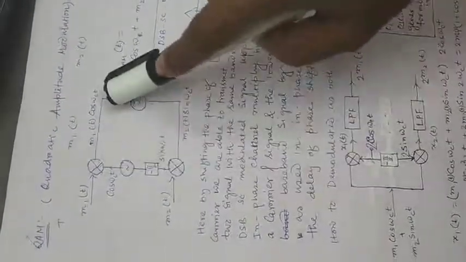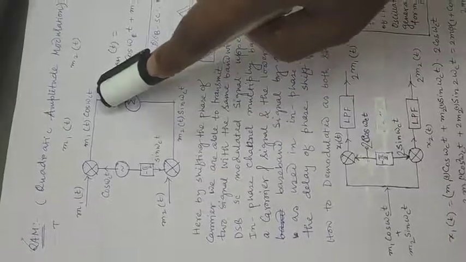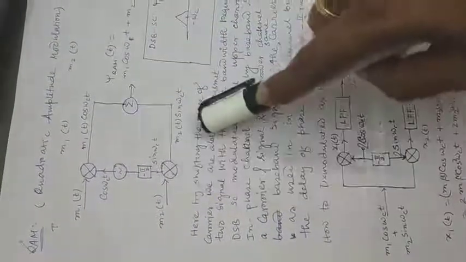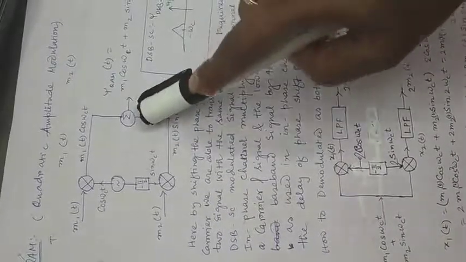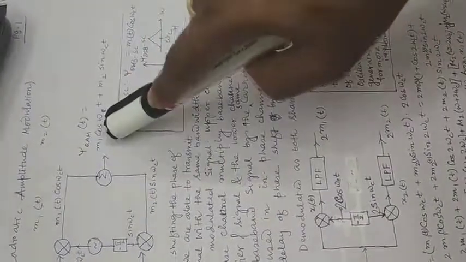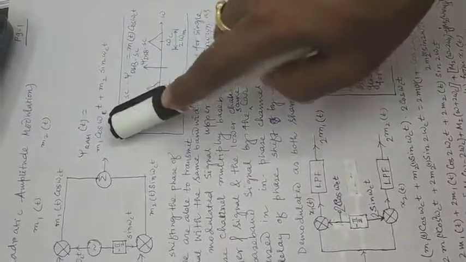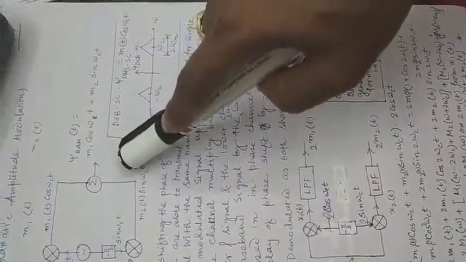The upper portion is generating m1 cos omega ct, and this part m2 sin omega ct. Therefore, if we sum up and pass through the channel, we can send two DSB-SC modulated signals, one m1 cos omega ct and another m2 sin omega ct, with the help of two carriers in phase quadrature and sharing the same bandwidth 2W.